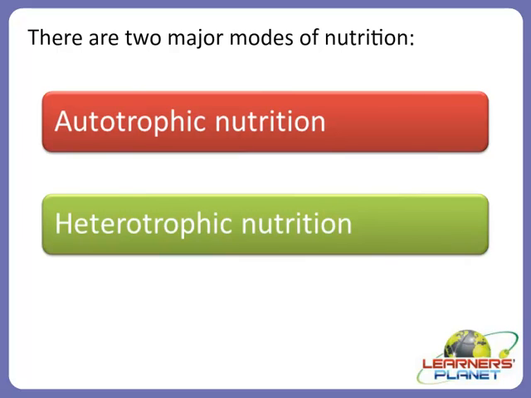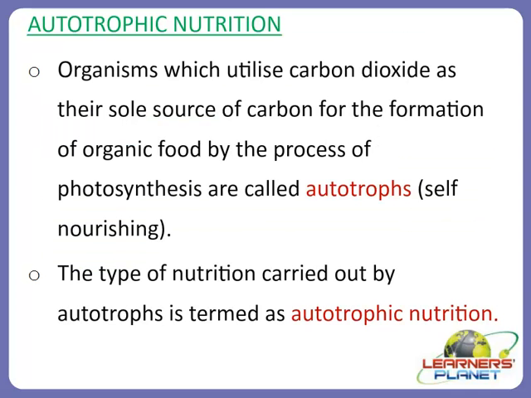So let us now discuss the first mode of nutrition occurring in a living organism, autotrophic nutrition. As you know, children, organisms which utilize carbon dioxide as their sole source of carbon for the formation of organic food by the process of photosynthesis are called autotrophs. Auto means self and trophs means nourishing, or rather nutrition.